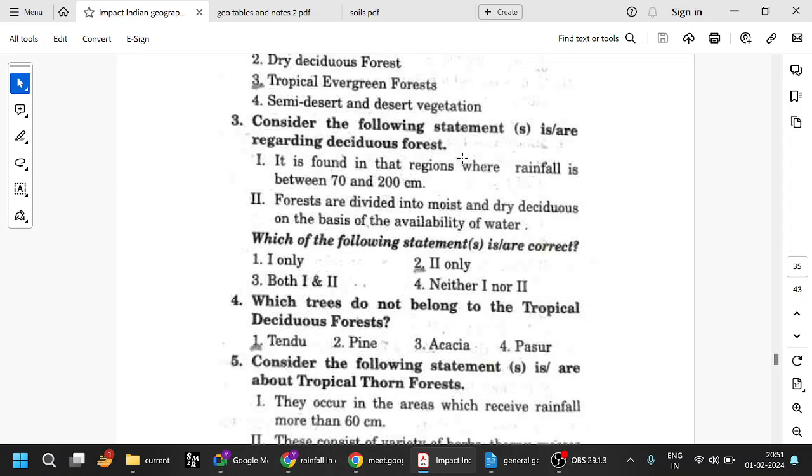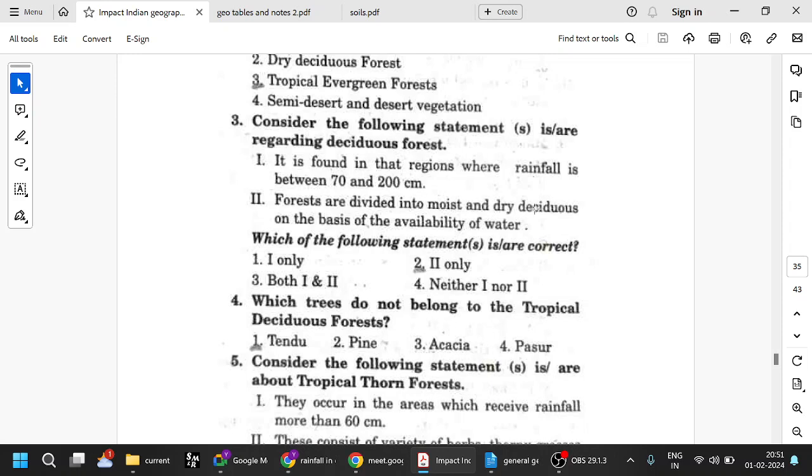Within deciduous you have moist deciduous and dry deciduous, and within evergreen also you have wet evergreen and dry evergreen. So that variation will be there. But if you say deciduous forest is found where rainfall is between 70 and 200, that is a correct statement. Near 200 is deciduous; more than 200, 250 is evergreen.